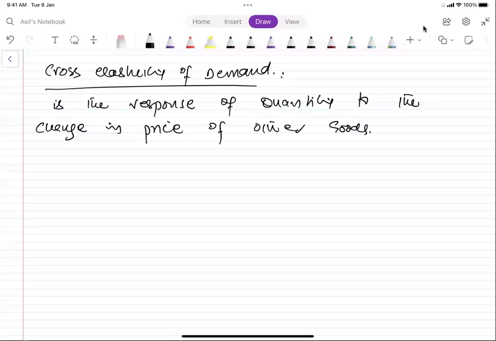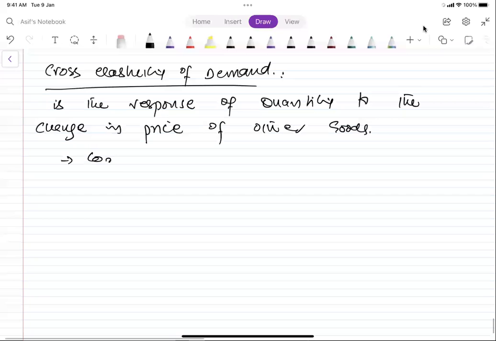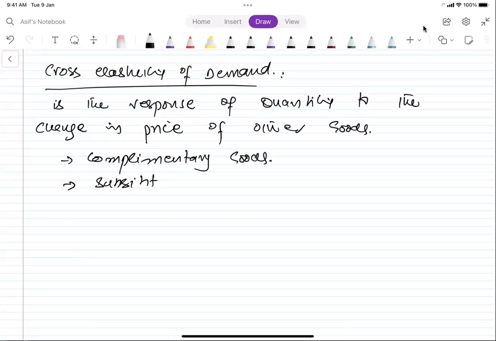One is called complementary goods and the second is called substitutes. The formula will remain the same.